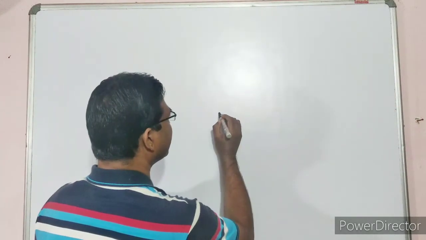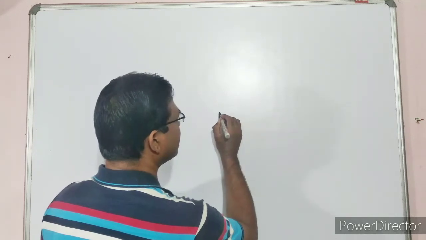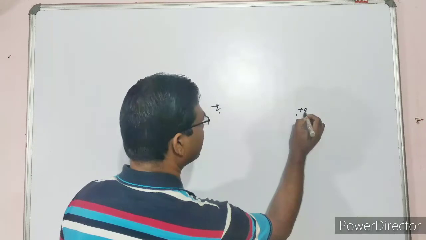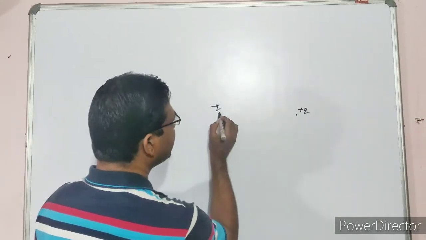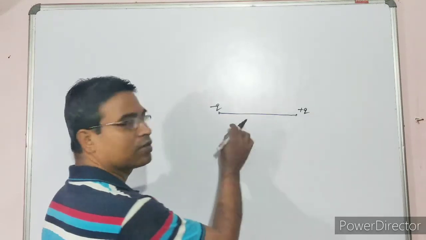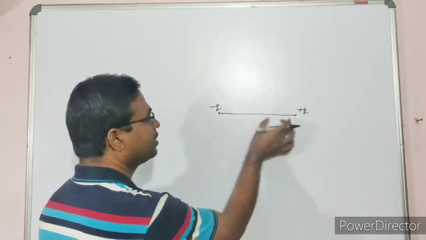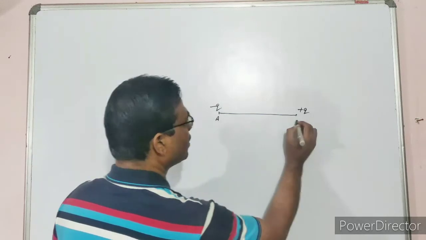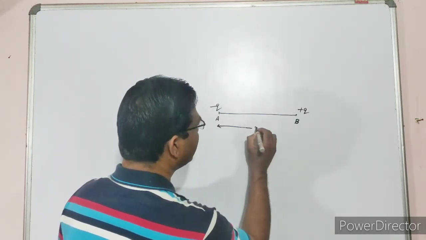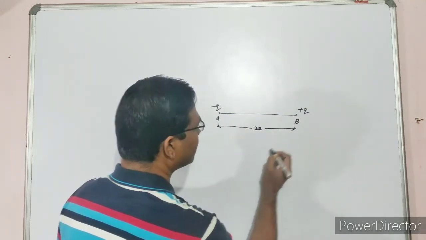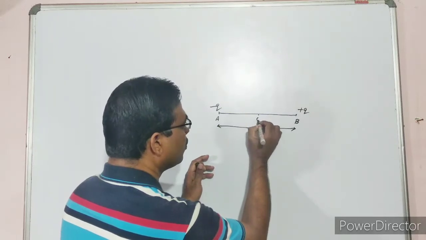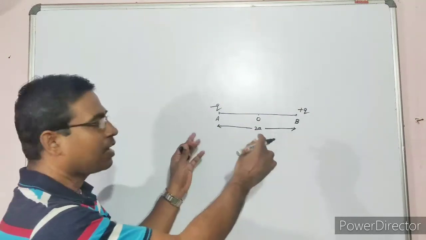Suppose this is the charge minus Q, this is the charge plus Q. The line joining the centers of the two charges is known as the axial line. You can say this line is AB, separated by 2A, the dipole length, and the center, suppose you call it O, so it is known as the axial line.